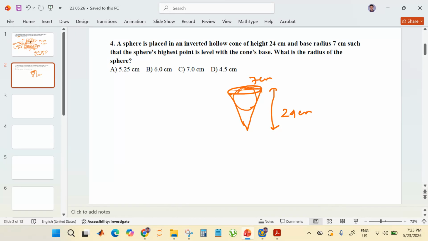That means what should be the relation from here? What is the radius of the sphere? So you have to find the radius of the sphere. Just wait 1 minute.